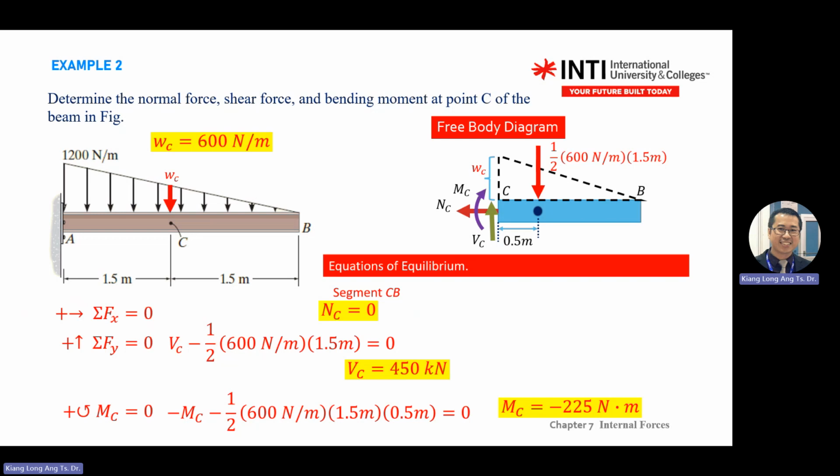So what I always recommend is, after your first attempt, if you get negative, if you can, you redraw the free body diagram. Then change this one to positive. But if you want to stay with the answer like this, also okay. But you must remember the correct direction of MC will be anti-clockwise.